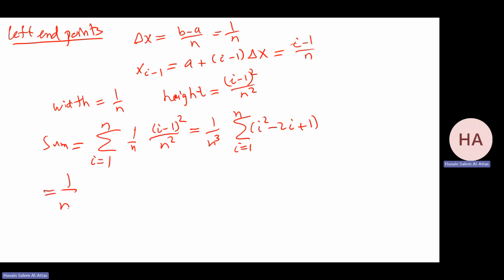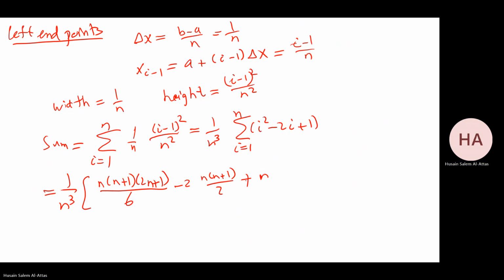And that will be 1 over n cubed times, what is this? n times n plus 1 times 2n plus 1 over 6 minus 2 times n times n plus 1 over 2 plus n. Summation, we did it before. And actually this is gone. This is minus n squared. So everything is minus n squared. So that will be 1 over n cubed times n times n plus 1 times 2n plus 1 over 6 minus n squared.